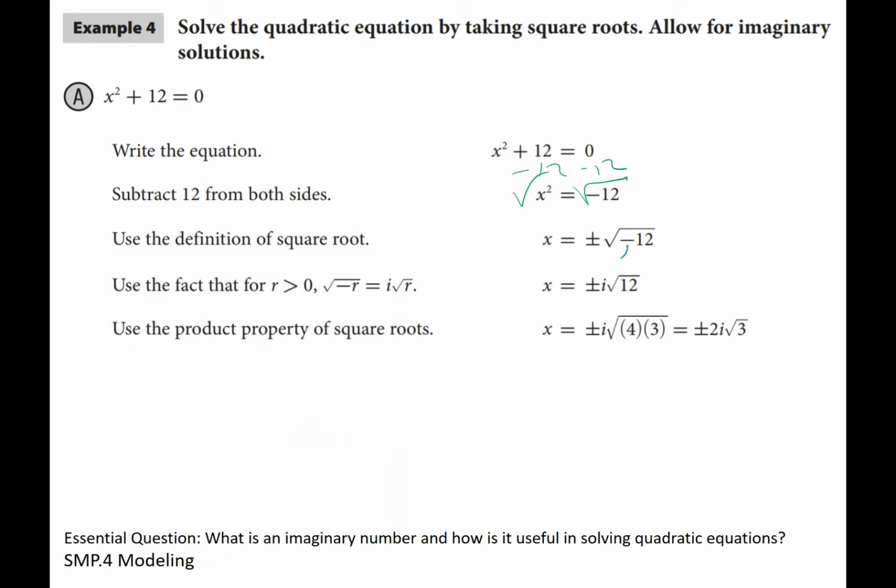When we see a negative under a radical, we pluck our eyes out. Then they split it into the square root of 4 and the square root of 3, because 4 is the biggest square number that goes in there. The square root of 4 is 2, and the i goes in between the whole number and the radical. So plus or minus 2i square root of 3.